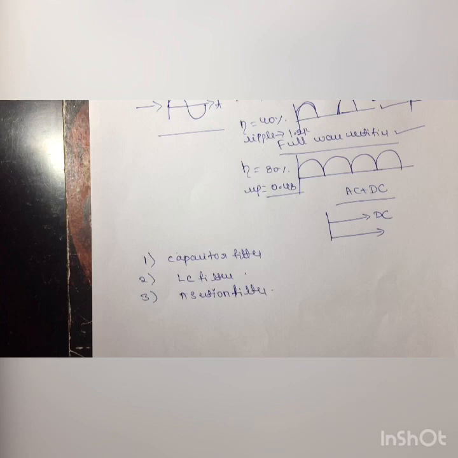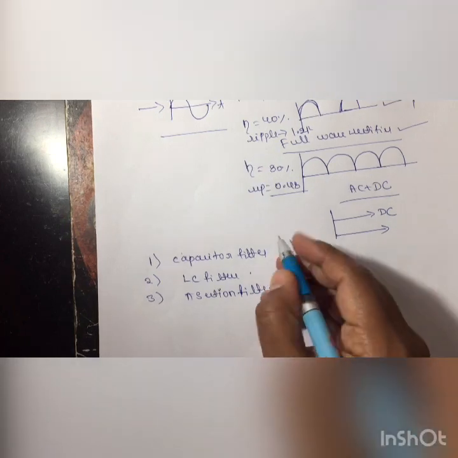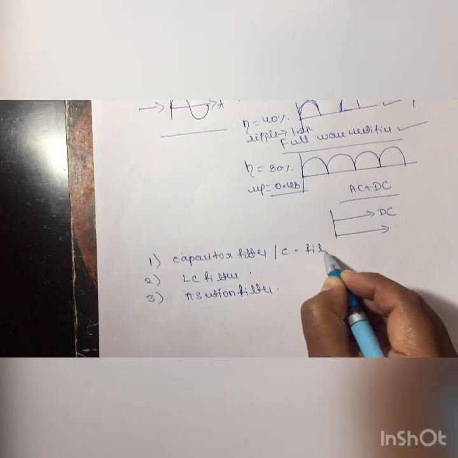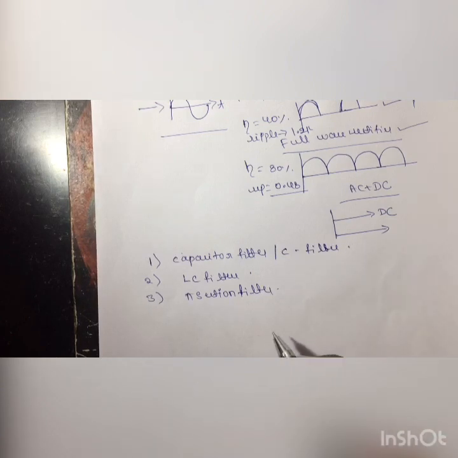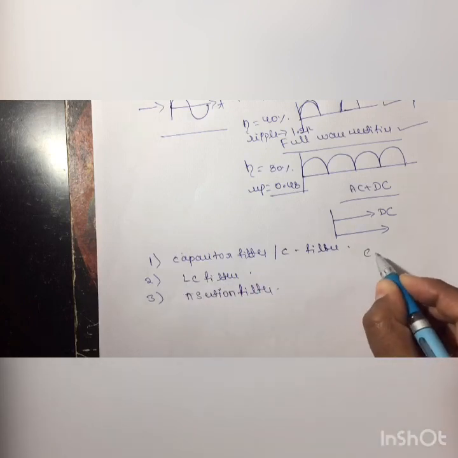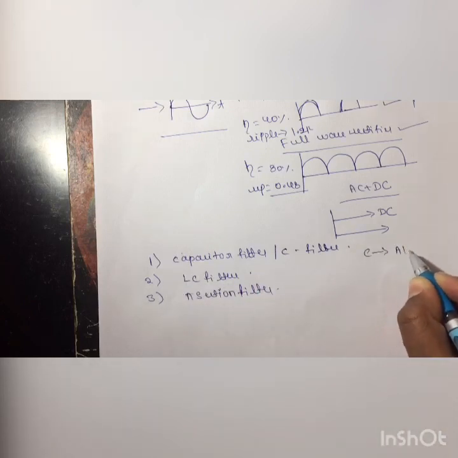So today in class we are going to discuss the capacitor filter, which is also called the C filter. I told you a filter is a device which removes the AC component from the rectified output. In the case of a capacitor, it allows AC and blocks DC.